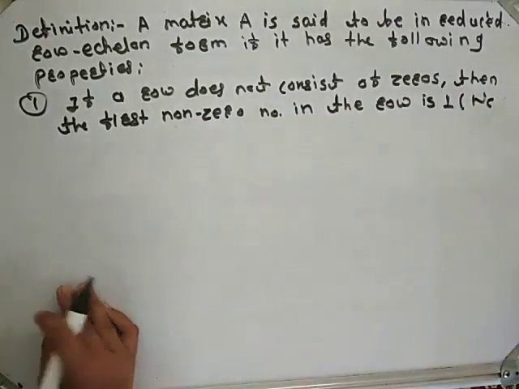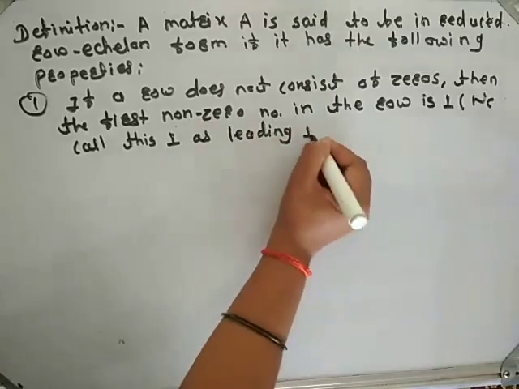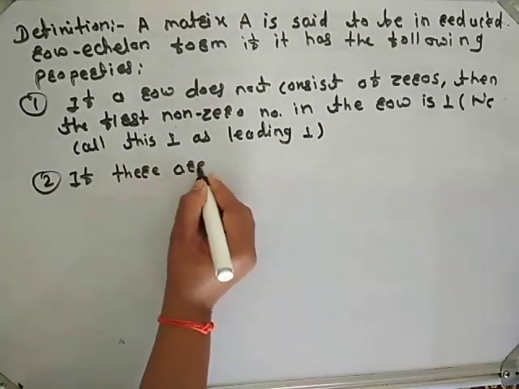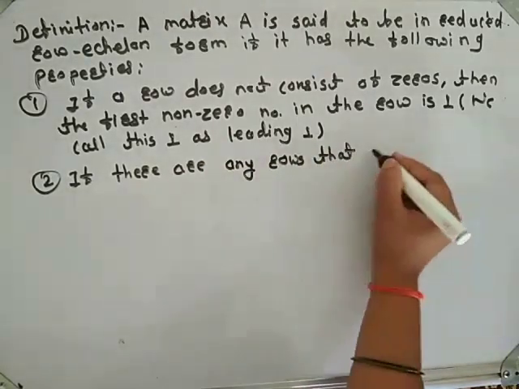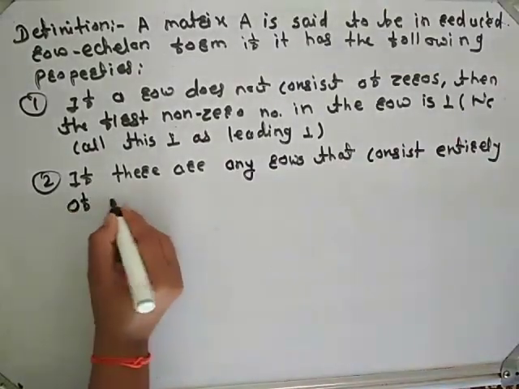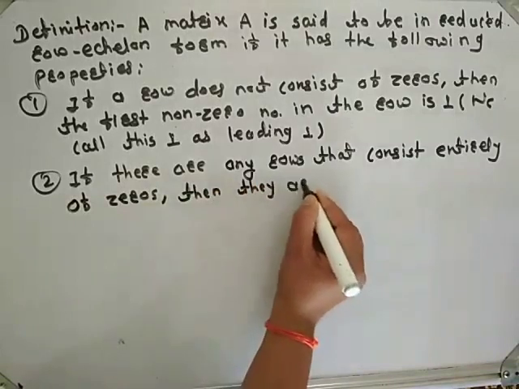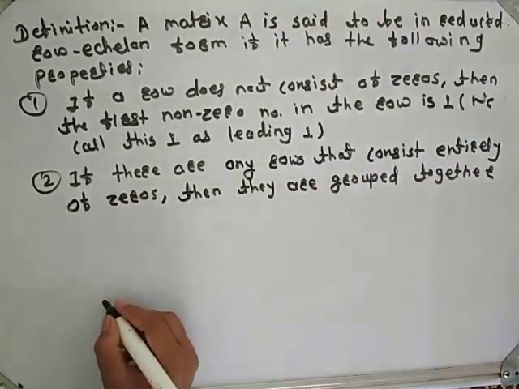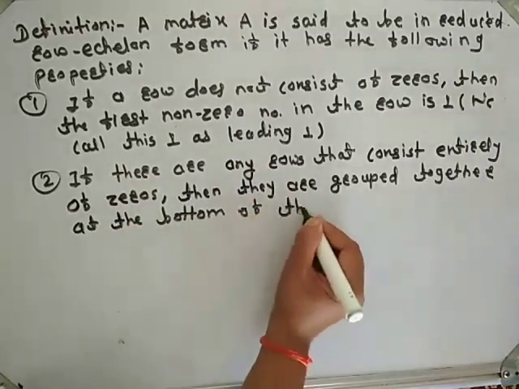We call this one a leading one. Second, if there are any rows that consist entirely of zeros, then they are grouped together at the bottom of the matrix.